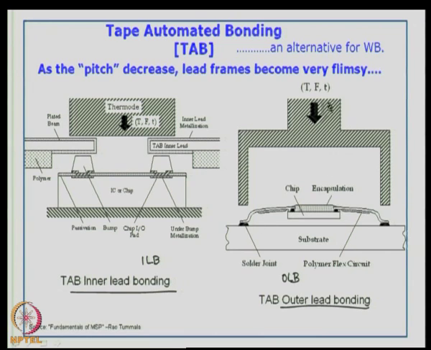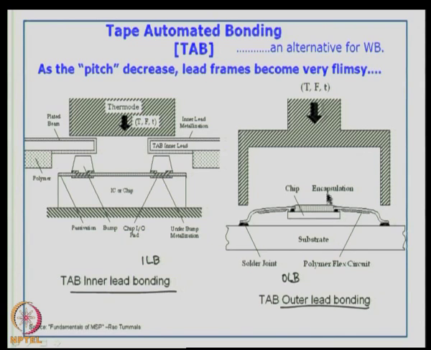Now, using appropriate temperatures, pressure and time, you can do the thermocompression bonding at these sites. Remember, this is a cross section. So, you will have multiple leads along this array and also here.